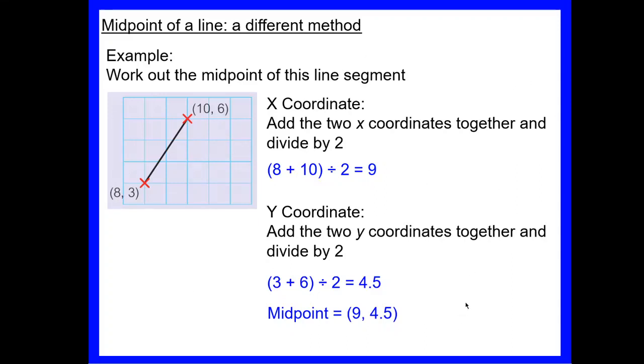So it's a really good method because we don't need any diagrams at all. Make sure you're happy with that method before you move on. So remember, add the x coordinates and divide by 2 for the middle of x. Add the y coordinates, divide by 2 for the midpoint of y, and then we put those together to find the midpoint of the line.